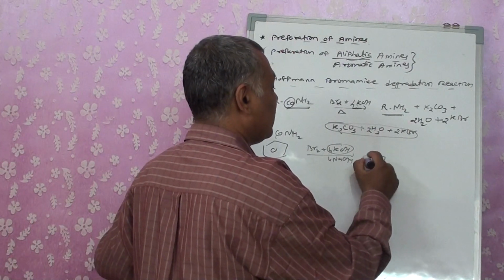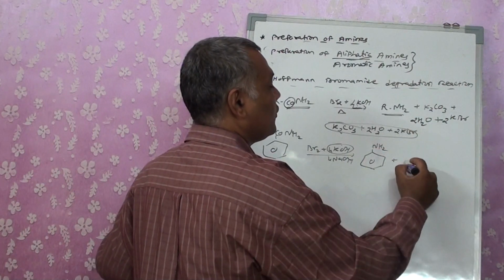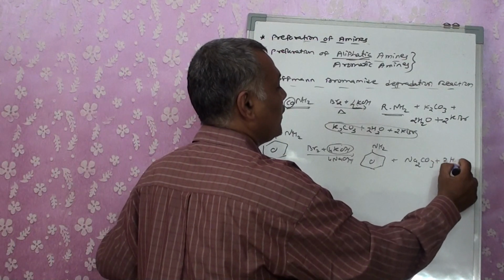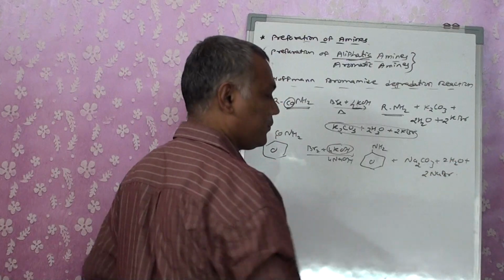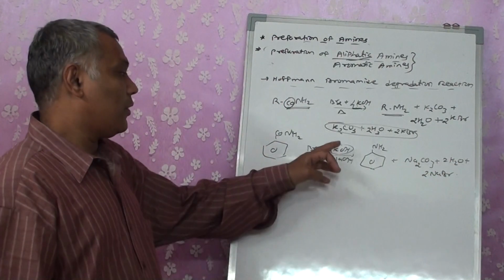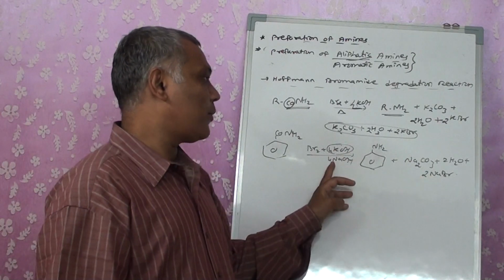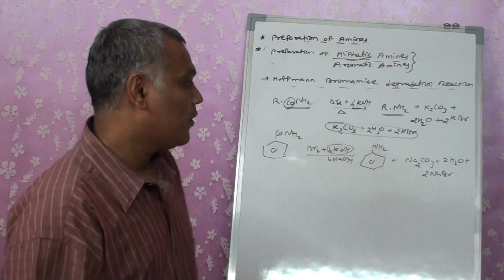We will be getting NH2. In place of K2CO3, it will be Na2CO3, 2 KOH, 2 H2O, 2 NaBr. So if I am writing KOH, I will get K2CO3 and KBr. If I am writing NaOH, I will get Na2CO3 and NaBr.